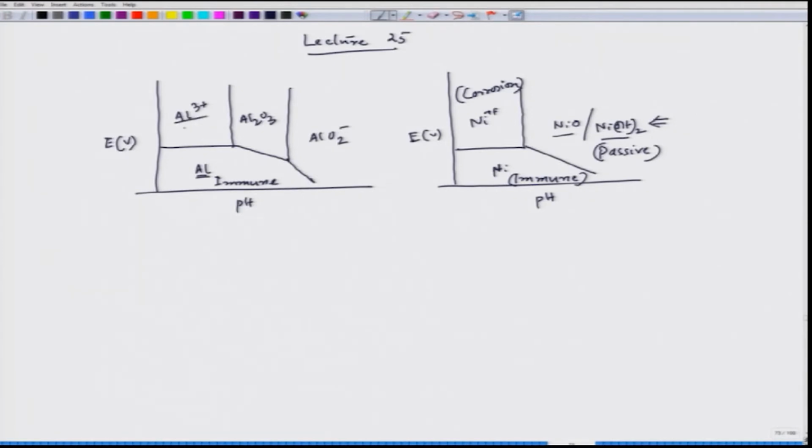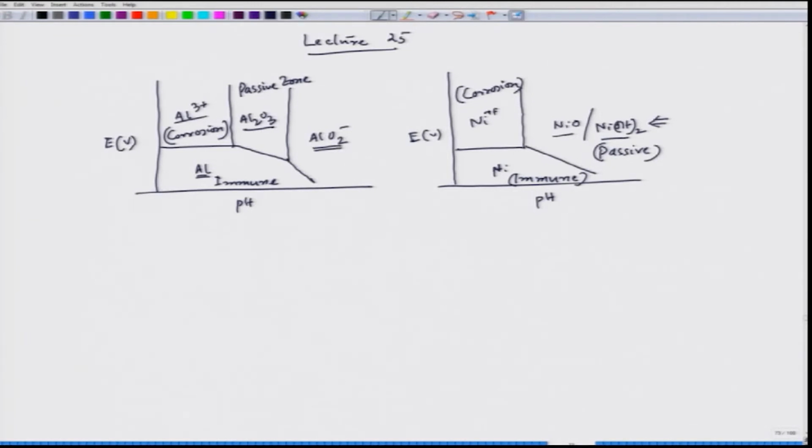This is Al plus 3, so this is the corrosion zone, and of course, here we are forming Al2O3, that is what this passive zone is, where aluminium oxide forms on top of aluminium and then it gives protection to the aluminium and aluminium corrosion is limited.